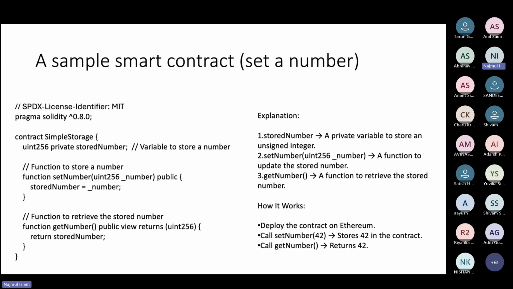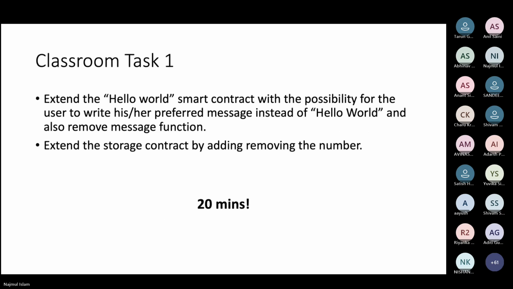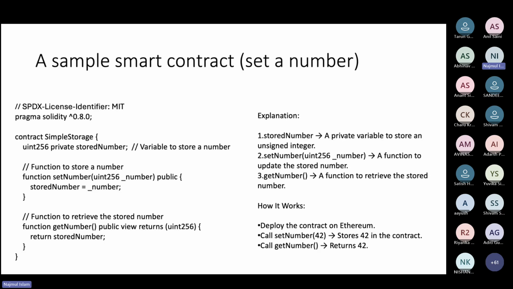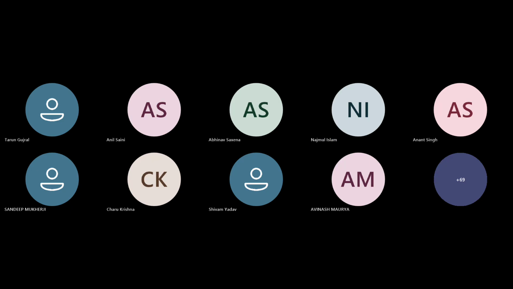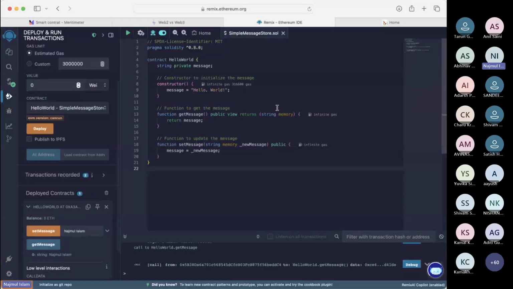So I will just quickly run it on my computer, and then I will also send it to you so that you can also run it on your own computer.